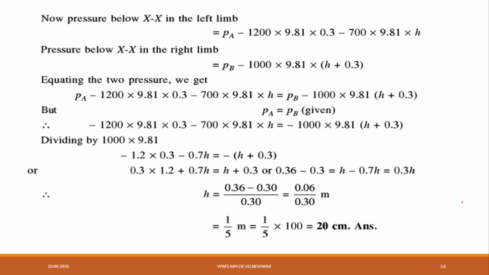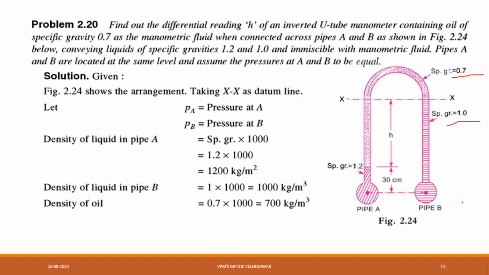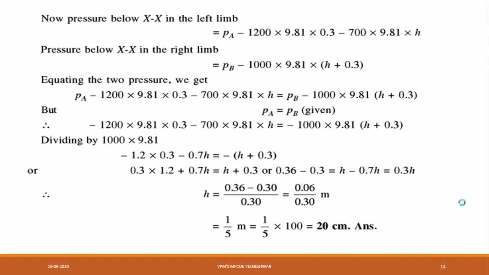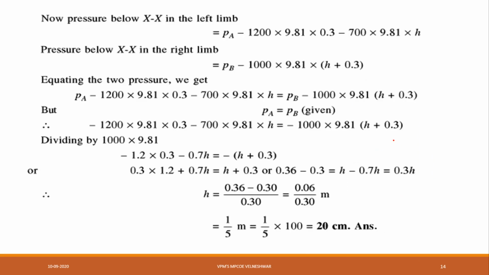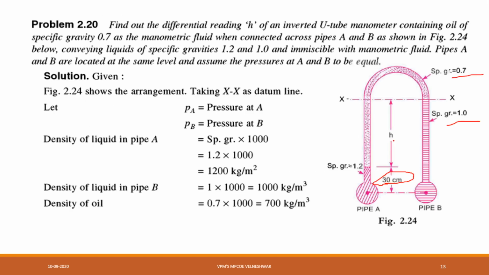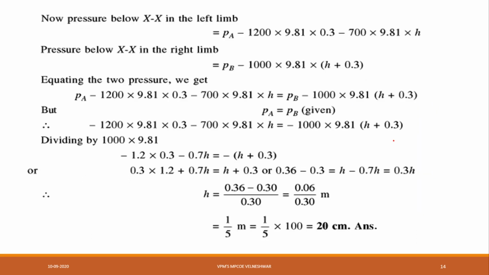Now pressure below XX in the left limb is PA minus 1200 into 9.81 into the height of 30 centimeter, that is 0.3, minus the oil term. This h is unknown, we have to find that value. The specific gravity of oil is 0.7, so the density is 700, giving 700 into 9.81 into h.